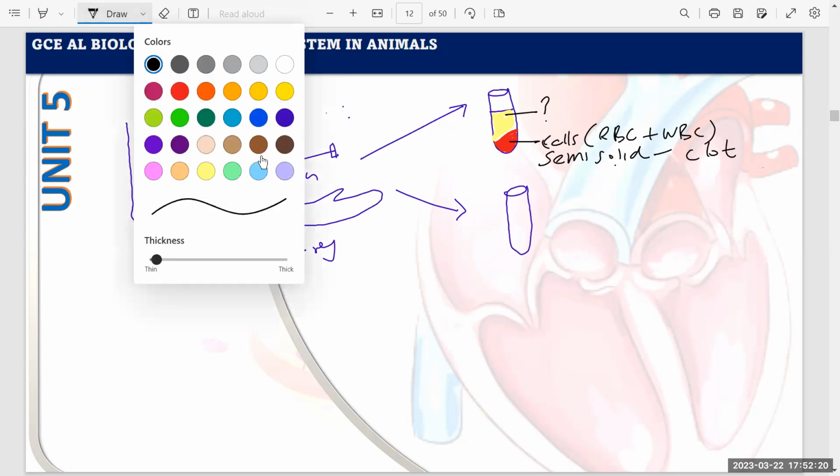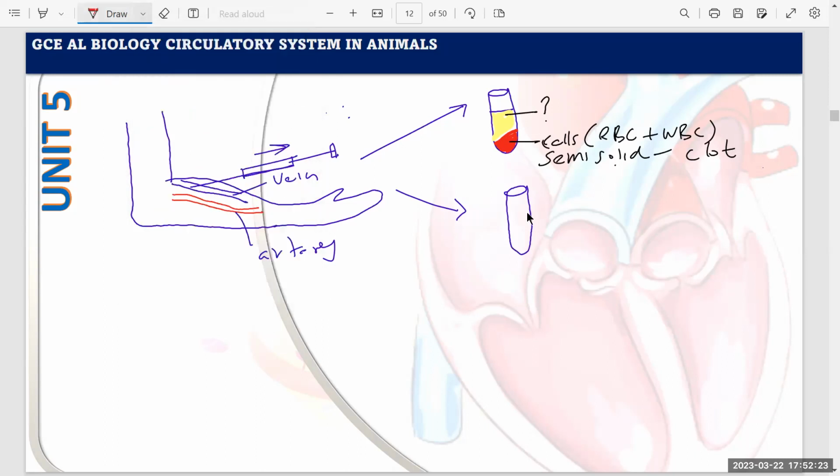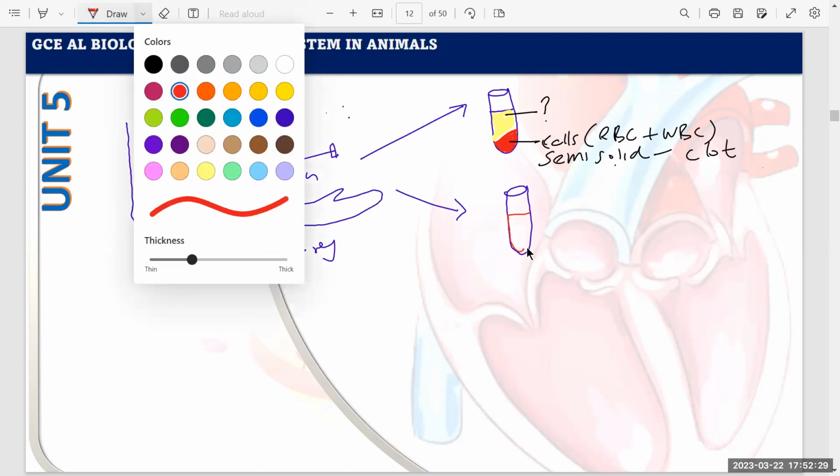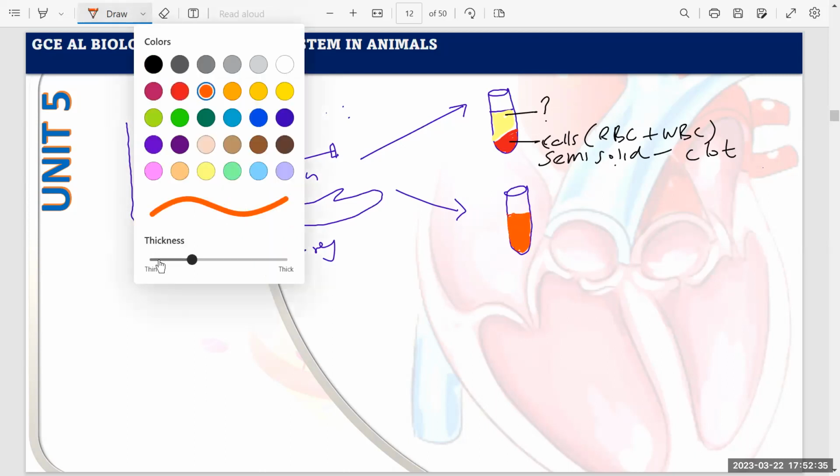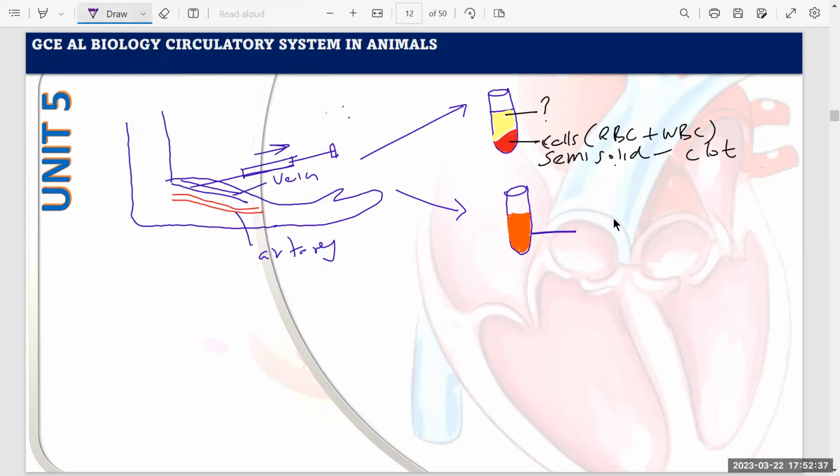Now in the second situation, this stays as a liquid. Now you can understand blood transfusion. If a person is severely sick or has lost a lot of blood, blood is given to the person. This is called blood transfusion.